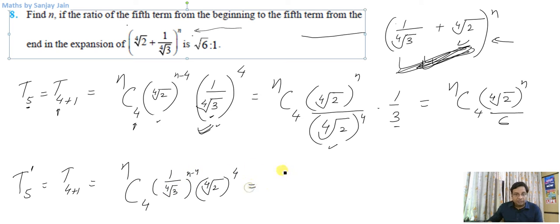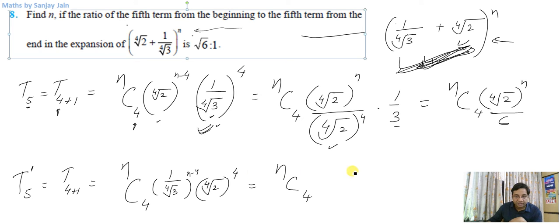Now let us write it in a little more simplified form. nC4, and it has given us one more thing, that nC4 will be cancelled directly. Otherwise there we would have written nC(n minus 4). So you can try the other way also of finding the term from the end. How I find the term from the end, I just flip the expression and find that term from the beginning.